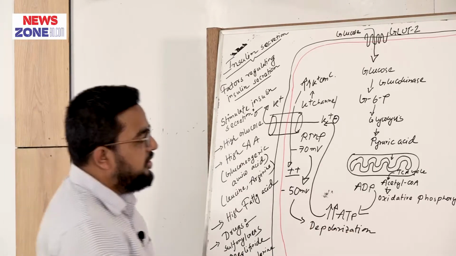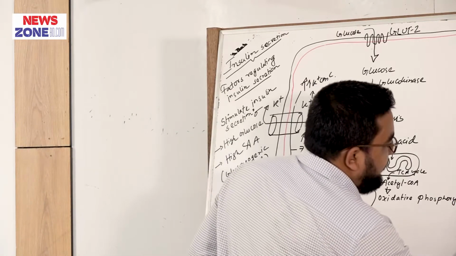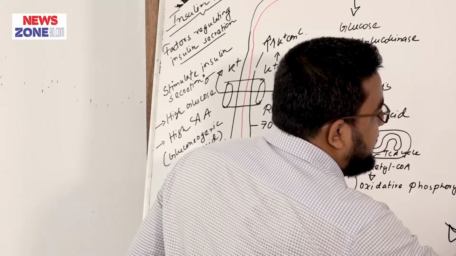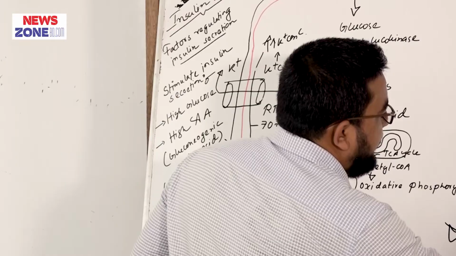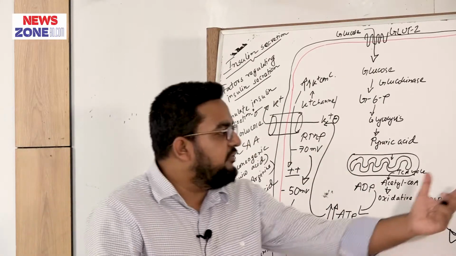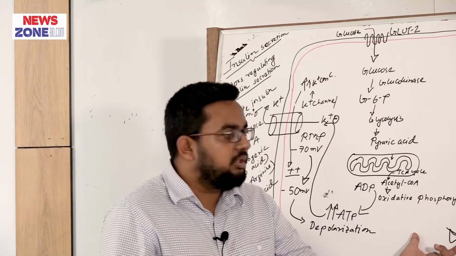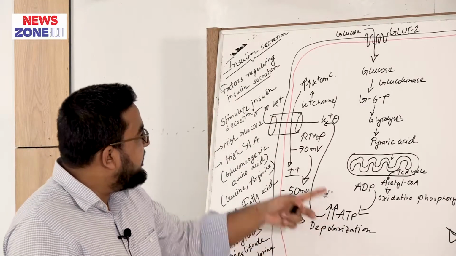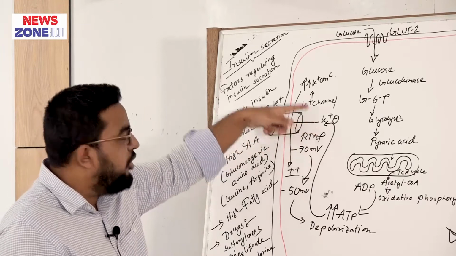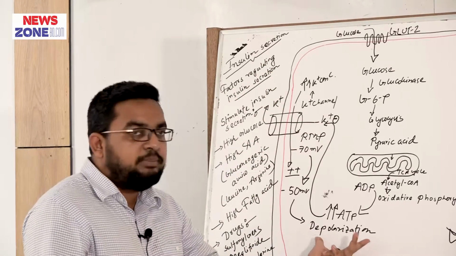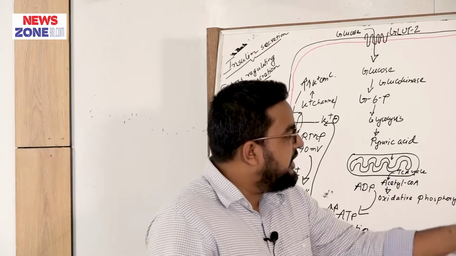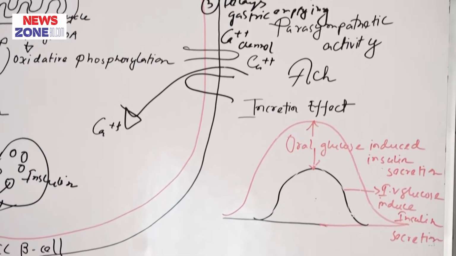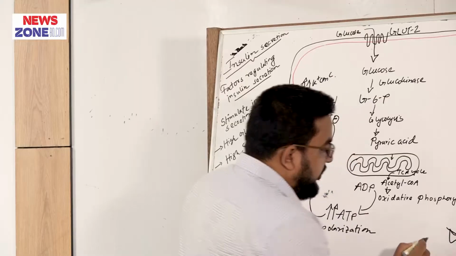This depolarization causes opening of a channel called the calcium channel, from which calcium enters the cell from higher concentration to lower concentration. So the calcium channel is opened because the ATP-sensitive potassium channel is blocked, and that's why calcium enters the cell vigorously from outside.